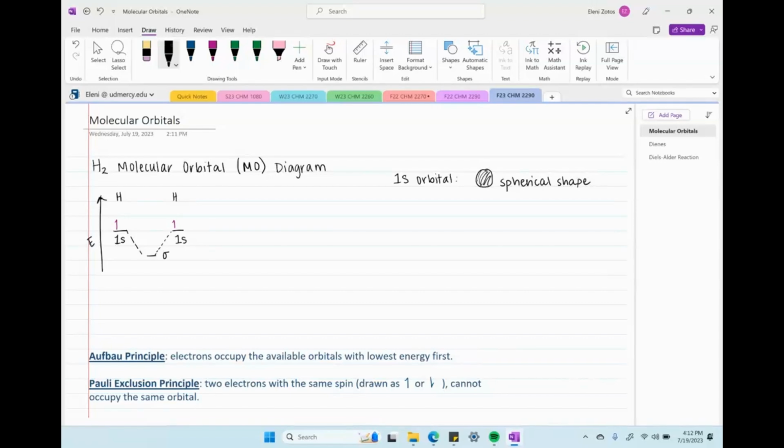And so we can show that the 1s orbitals overlap to form what we call a sigma bond. So if we have the 1s orbital from one hydrogen overlapping with the 1s orbital from another hydrogen, we have this valence shell overlap, which we can call a sigma bond. And then we have a sigma molecular orbital.